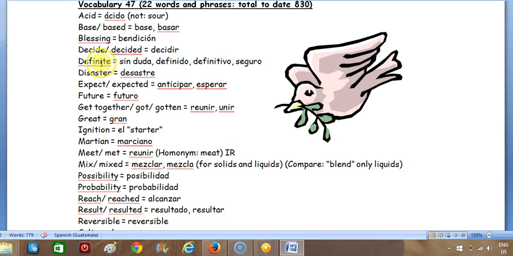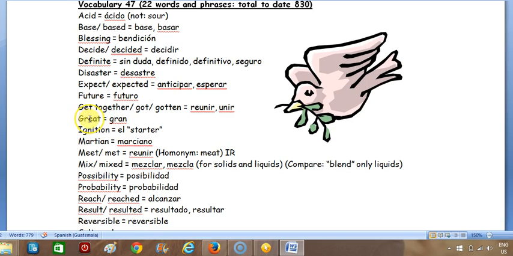Definite. Disaster. Expect. Expected. Future. So remember that the U, when it's pronounced U, almost always has a Y sound in front of it. So the T and the Y together actually make a ch sound. Future. Okay, get together.